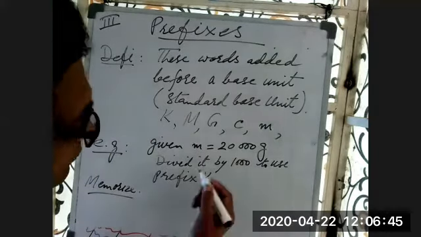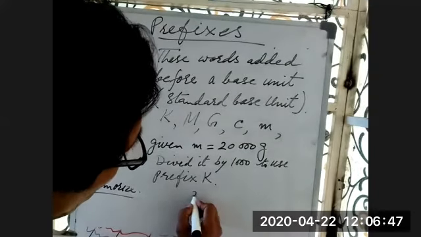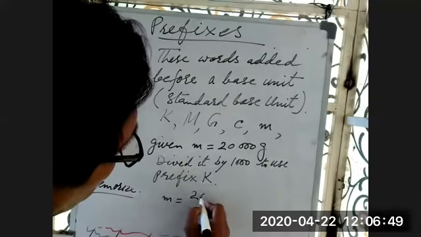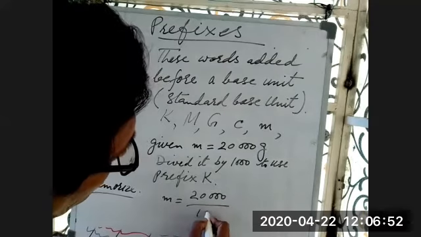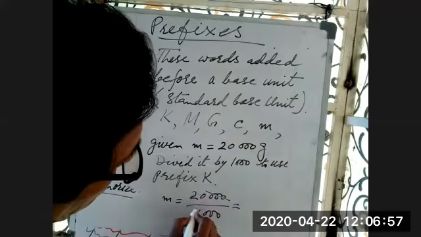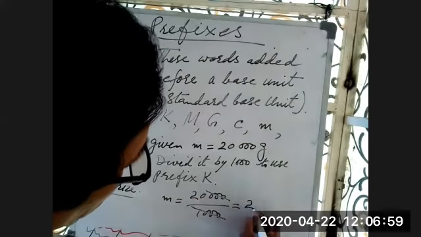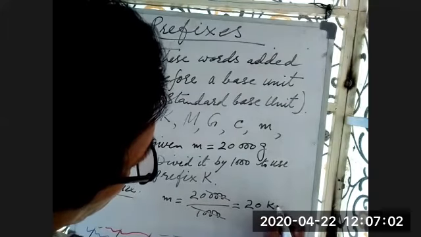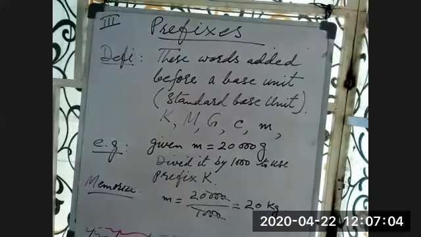So we get M is equal to 20,000 divided by 1,000, which gives 20 kilogram. Now we divided it by 1,000, so we used the prefix k over here. So 20,000 grams is equal to 20 kilogram.